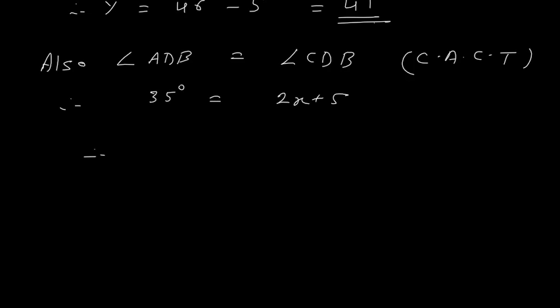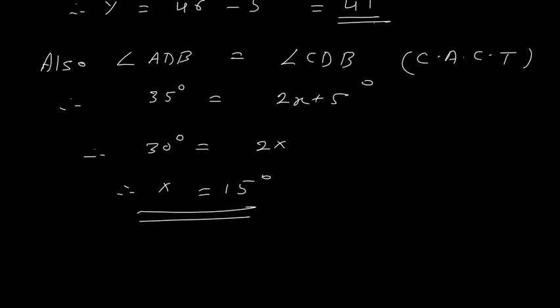So therefore, 35 minus 5, 30 degree is equal to 2x. Therefore, x is equal to 15 degree. Okay, so we have got the value of x and y. So finally, x is 15 degree and y is 41 degree.